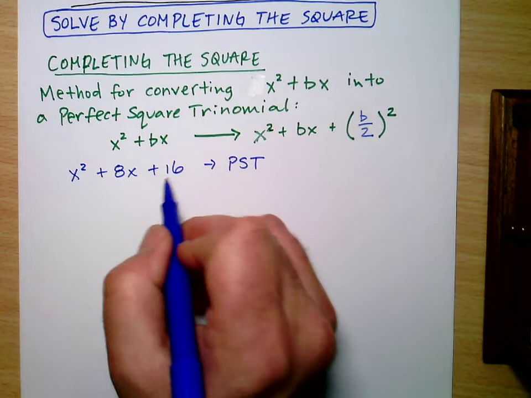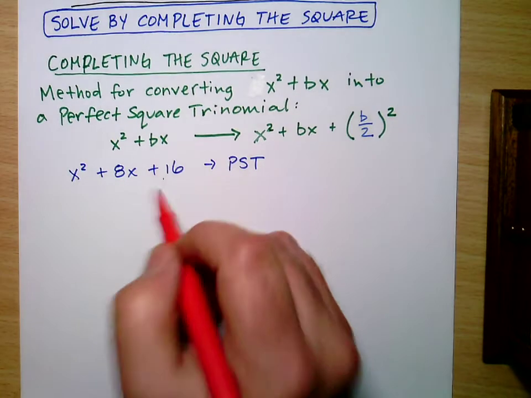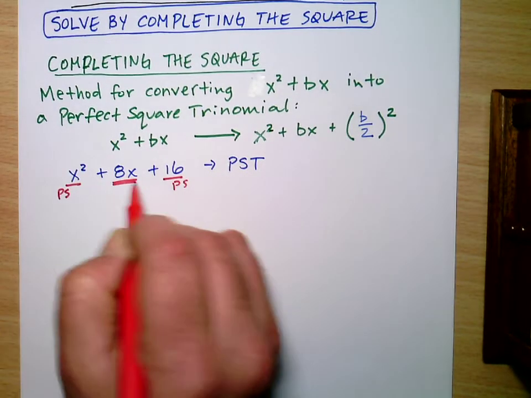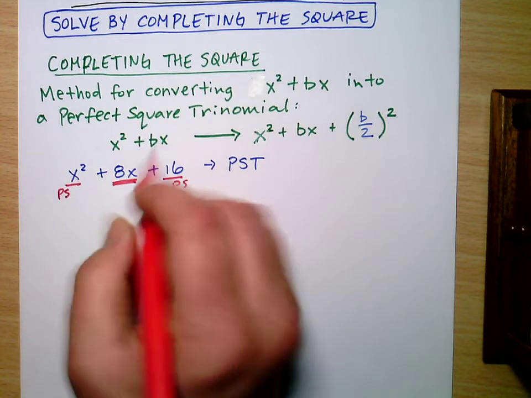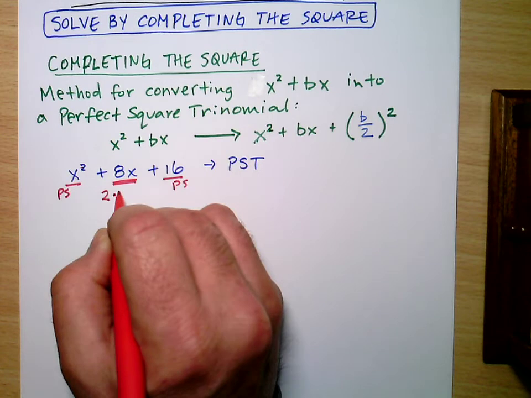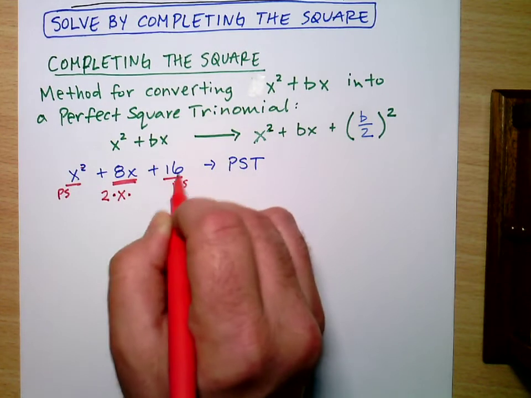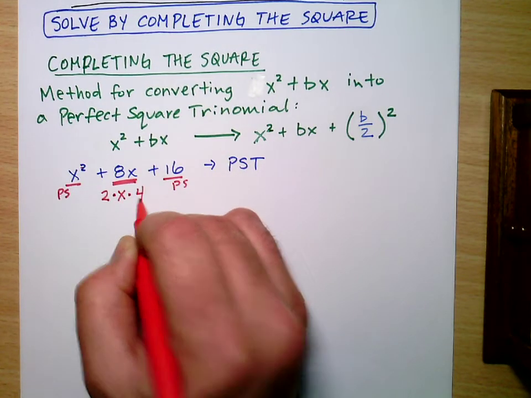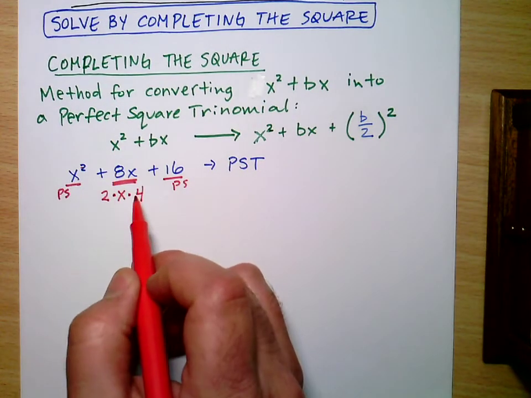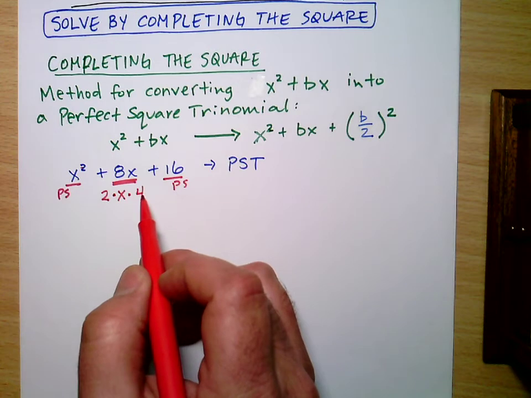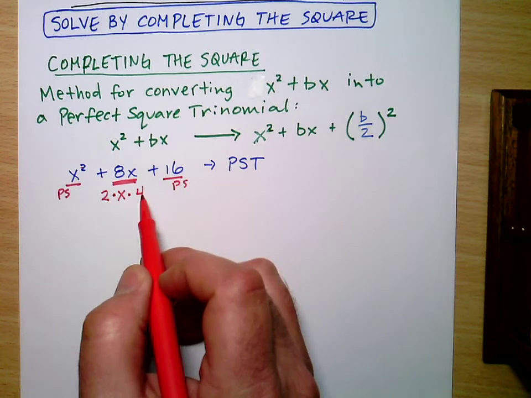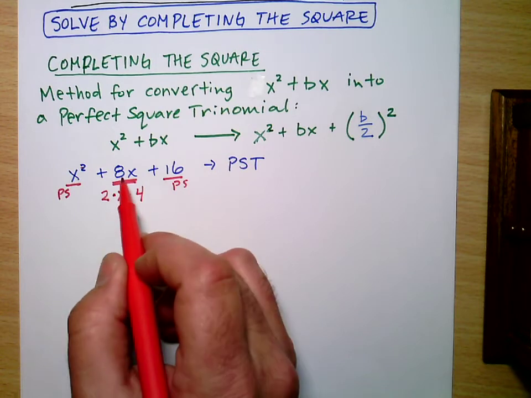I know that x squared is a perfect square, and I know that 8x is twice the product of the square root of x squared, which is x, and the square root of 16, which is 4. So what have I done to get 8? 8 is equal to the square root of 16, which is 4, times 2. I've taken the square root and then multiplied it by 2.